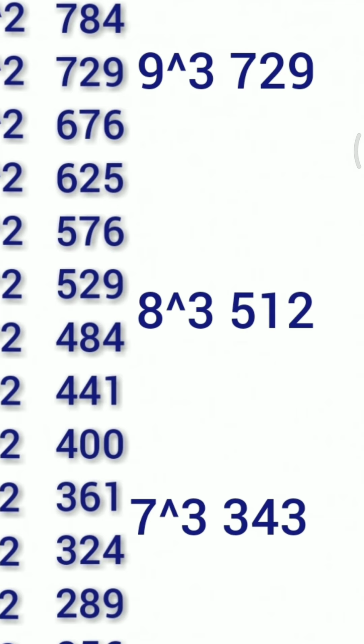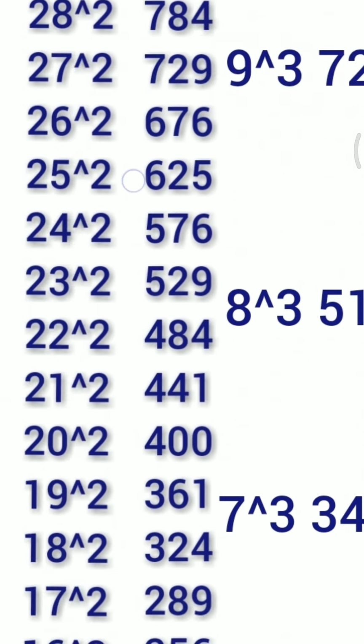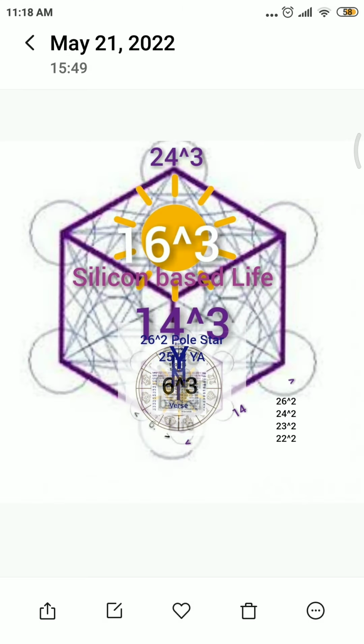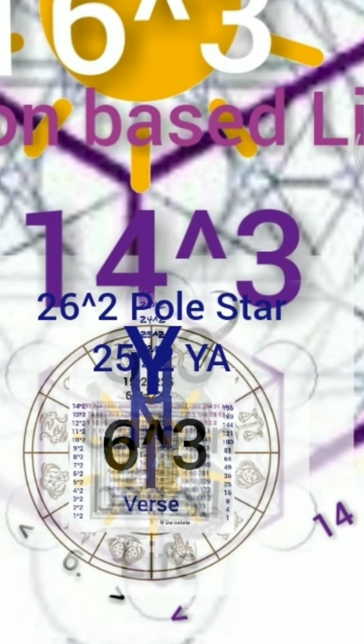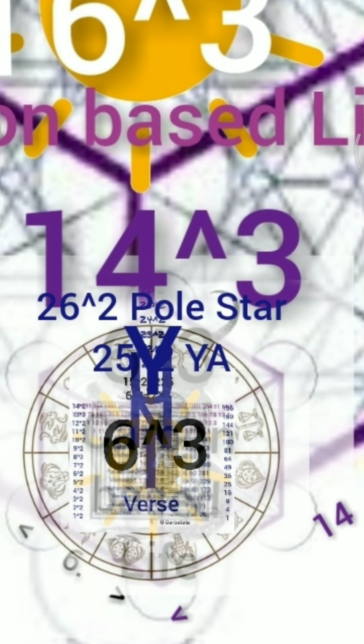So between 8 cube and 9 cube, the Y is there. So till here, you can call it literally the universe. Universe in the sense YU and I verse. That is the universe.